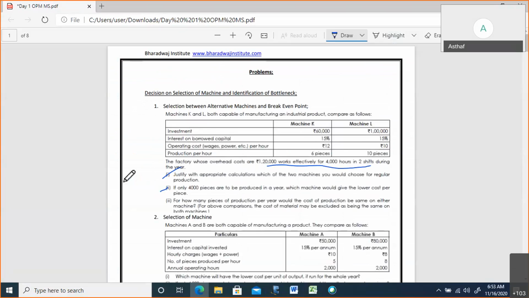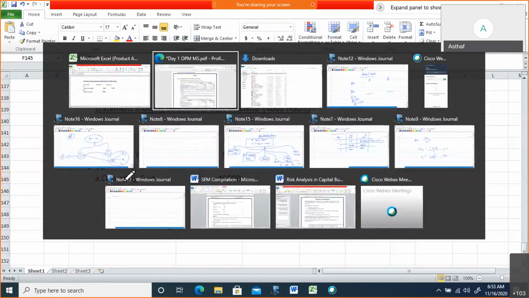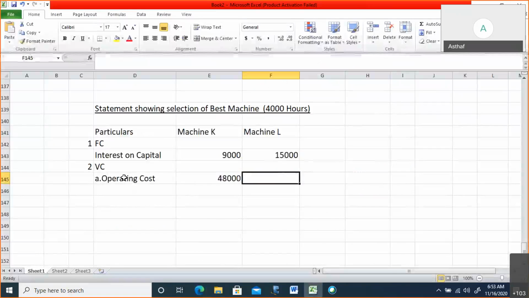The operating cost is 12 per hour. We have already taken 4,000 hours, so 4,000 into 12. Here we have 4,000 into 10. So this is your total cost.